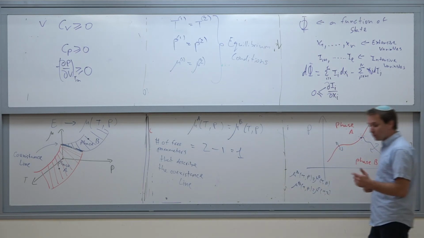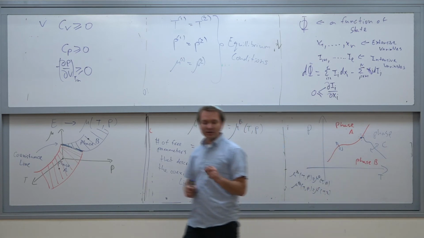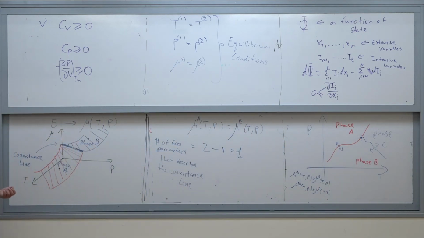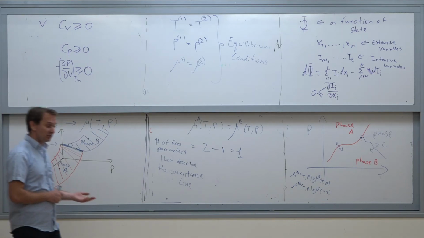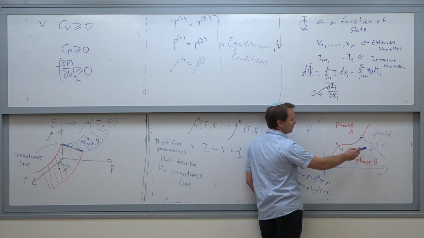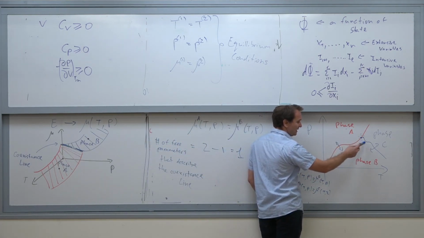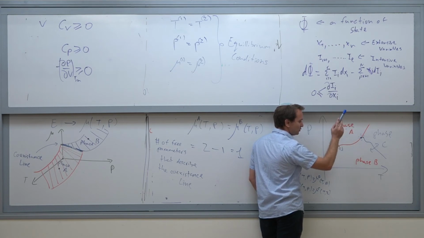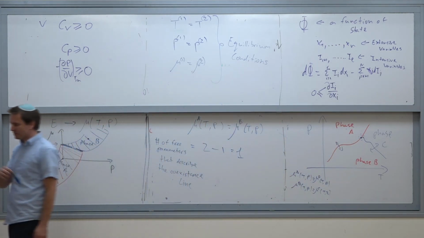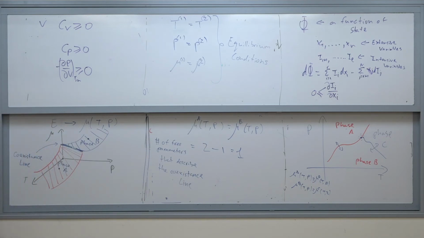This is not true for coexistence of, for example, water and vapor. They can coexist at different temperatures and different pressures. The boiling temperature depends on the pressure. But there's only one specific point where you can transit from liquid to vapor to ice.